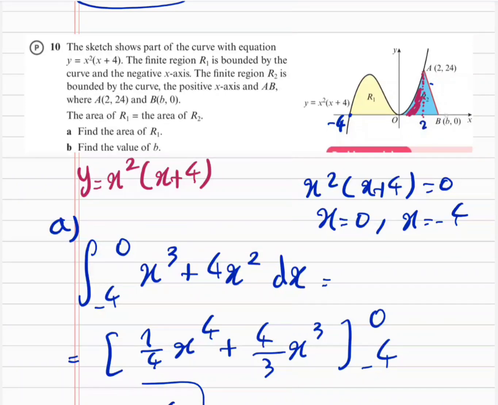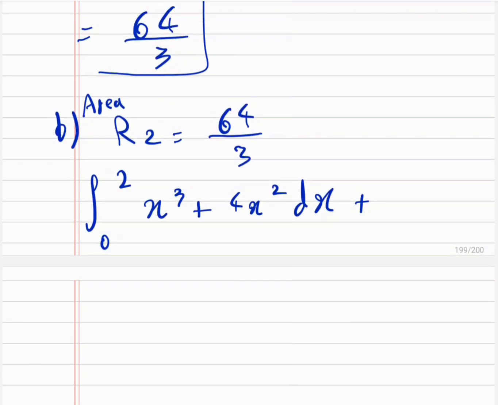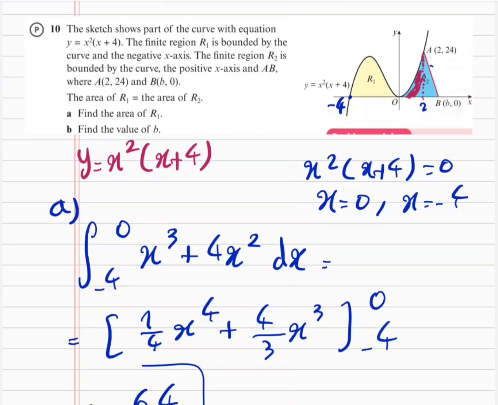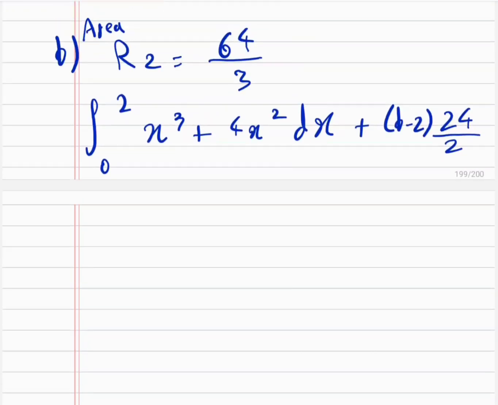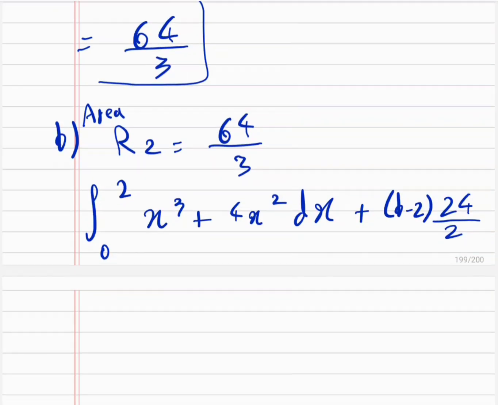We don't know the base, but we know that the base is equal to b minus 2. So the area of the triangle is base, which is b minus 2, times height, divided by 2. And all of this is equal to the value 64 over 3.